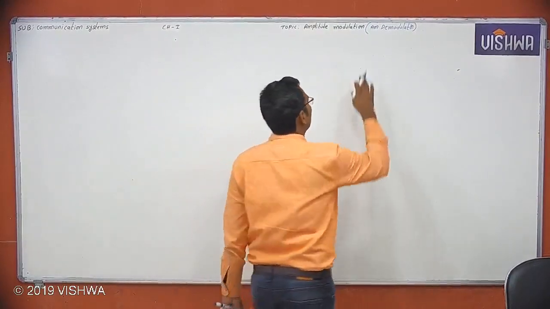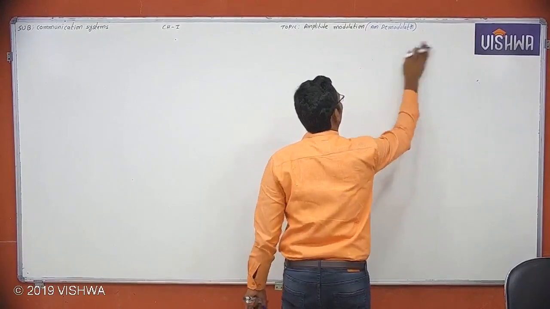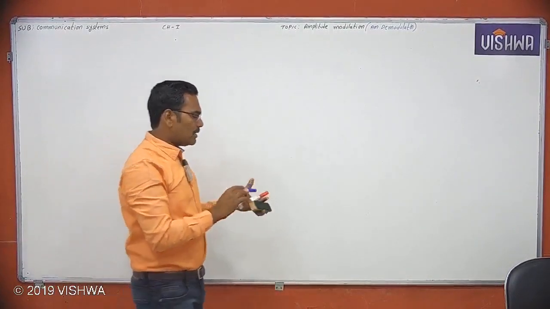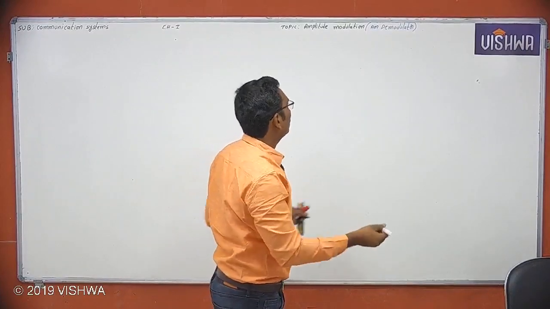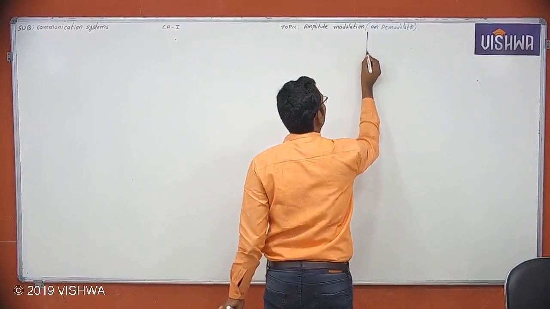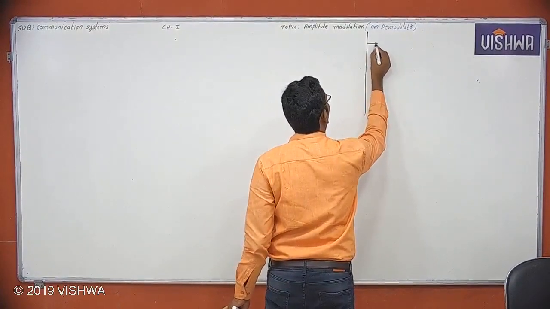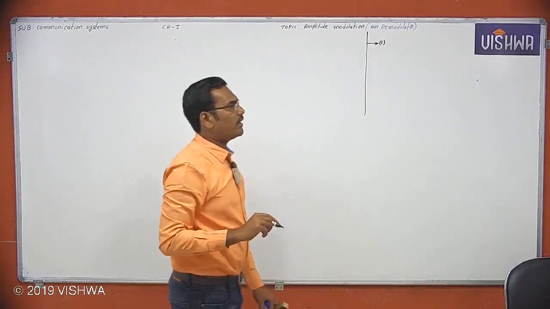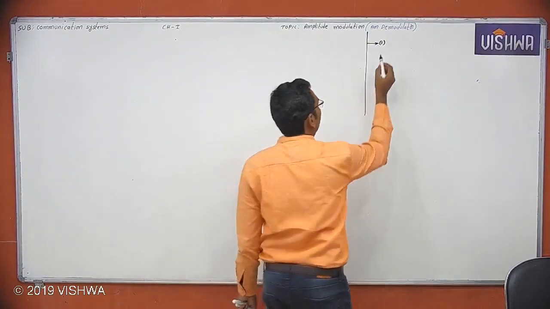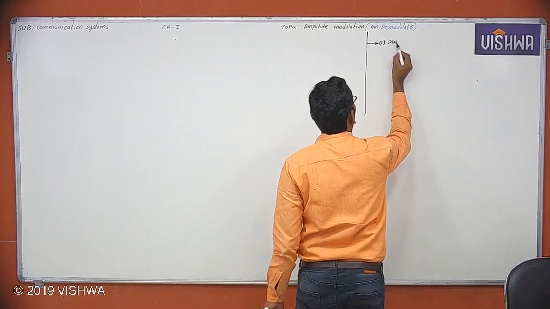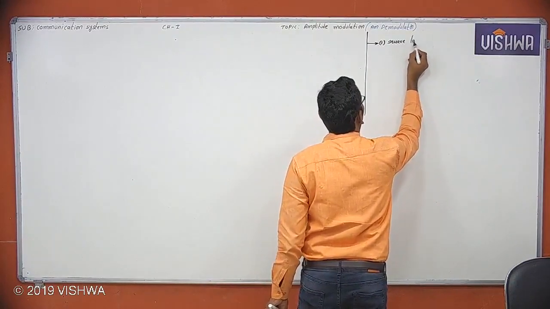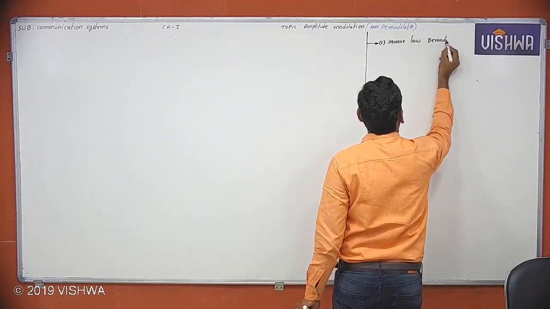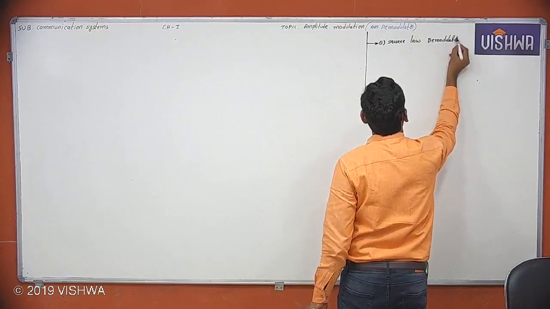Now, it is exactly the reverse operation of what we already saw. What is the AM modulator? The AM modulator is nothing but a square law modulator. Therefore, there are three demodulators here. The first one is the square law demodulator.